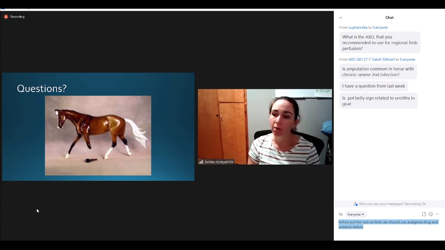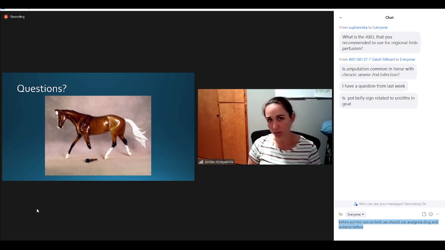Oh, if the goats have a pot belly, is that related to urolithiasis? Like if they have a distended abdomen, is that what you mean by pot belly? If so, then yes, goats can have a distended abdomen or a pot belly appearance if their bladder has ruptured.